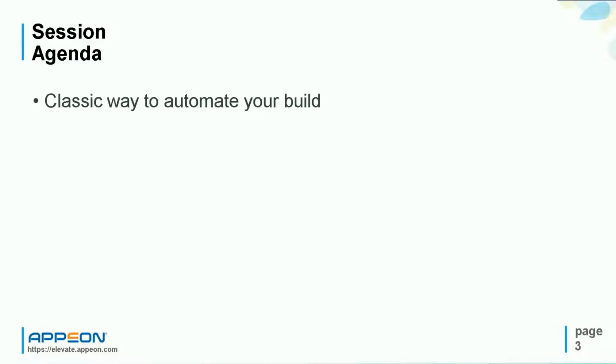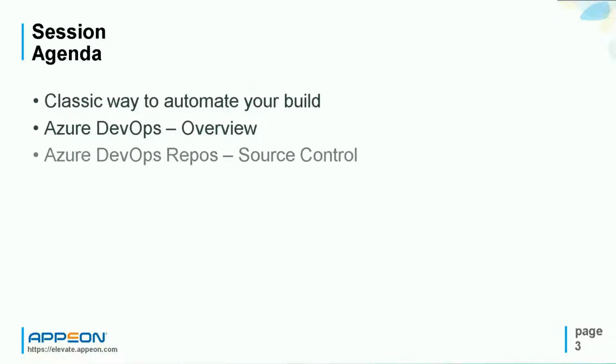On the agenda, we're first going to talk about the classic, traditional way you automate your PowerBuilder builds. Just kind of like where we're starting from, what our baseline is, and maybe identify some of the challenges with that approach. And then we're going to talk about Azure DevOps, just give you a quick overview of what it can do for you.